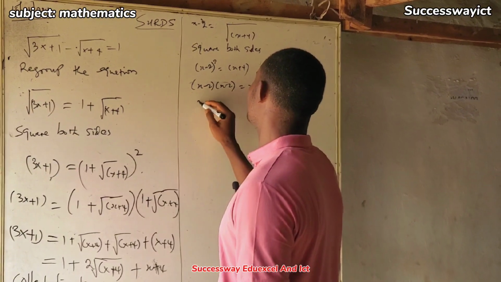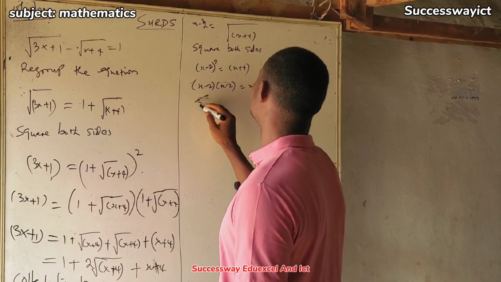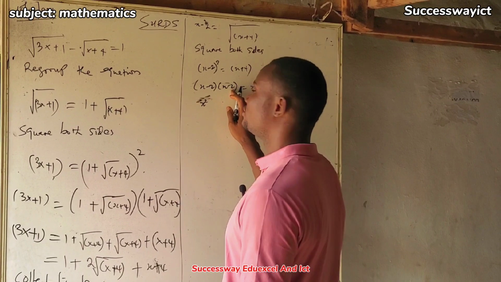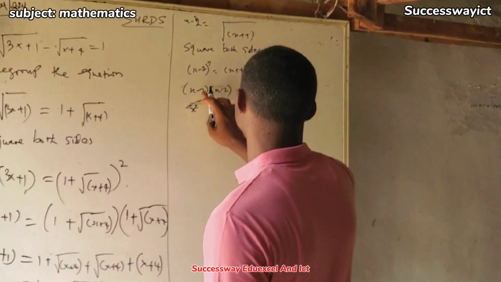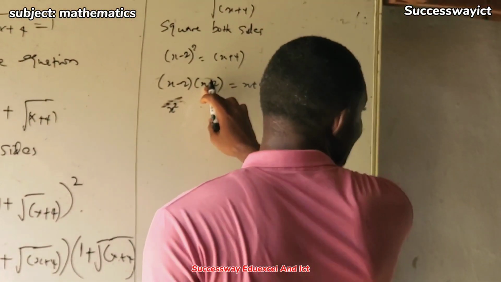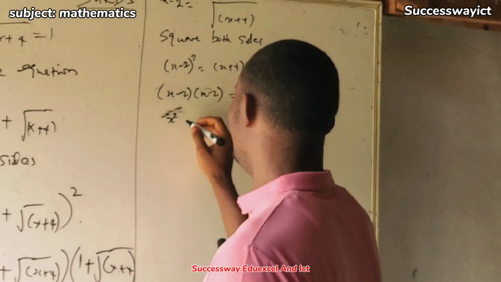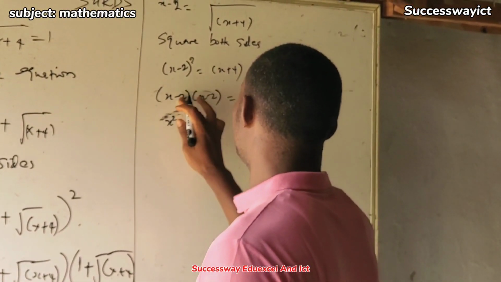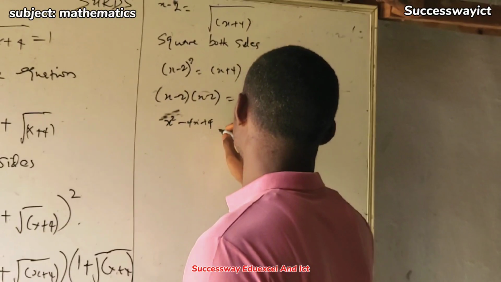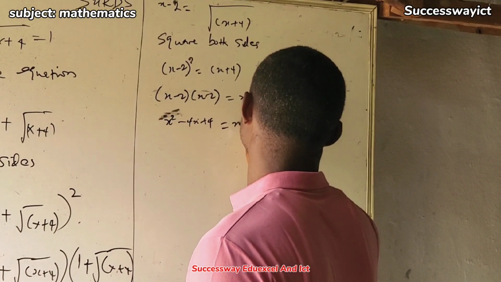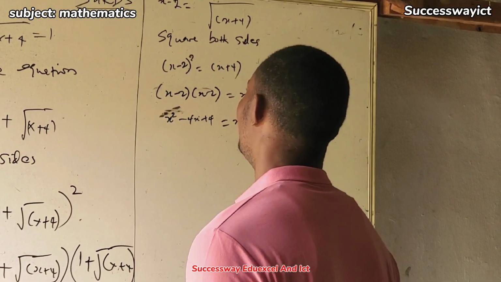This times this is x squared. x times minus 2 is minus 2x. Minus 2 times x is minus 2x. So minus 2x minus 2x is minus 4x. Minus 2 times minus 2 is plus 4, equal to x plus 4.